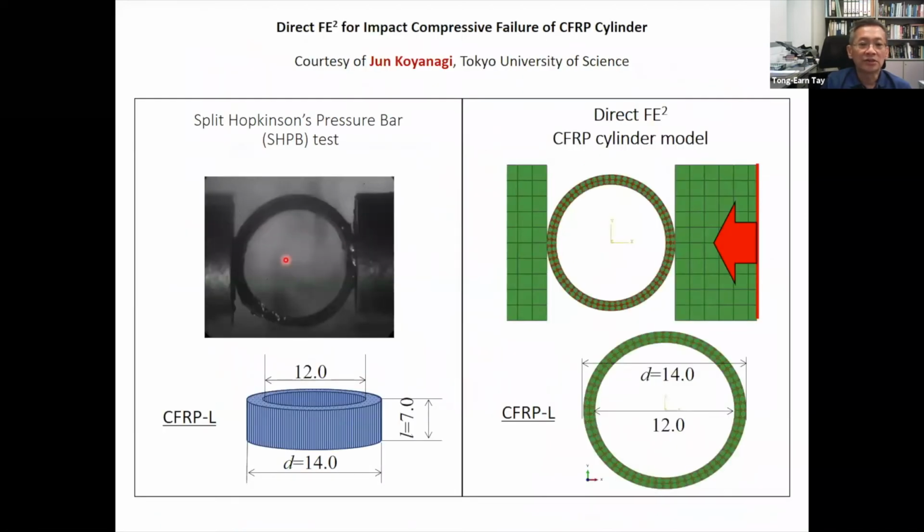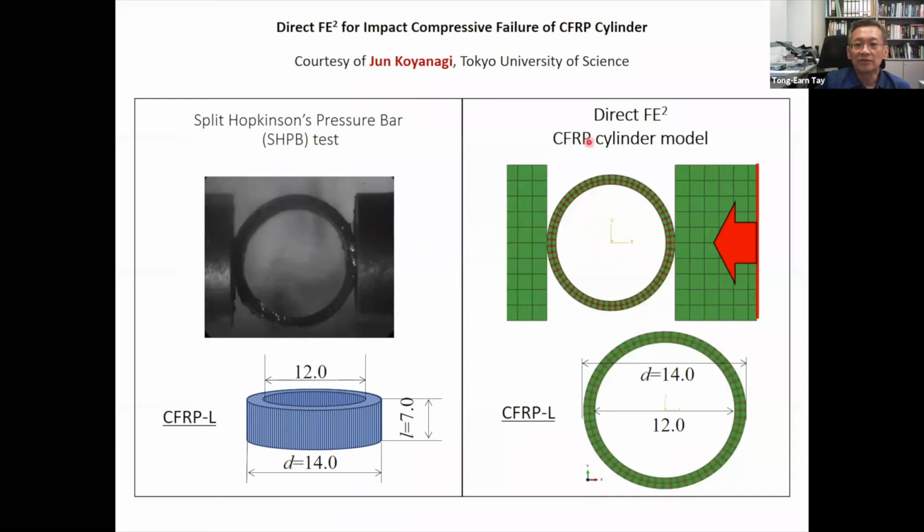I'd like to show here a little bit of work that we have done with Jun Koyanagi from Tokyo University of Science. He has taken the direct FE square method and applied it to this case of a composite ring with fiber in the axial direction undergoing impact through a split Hopkinson bar.